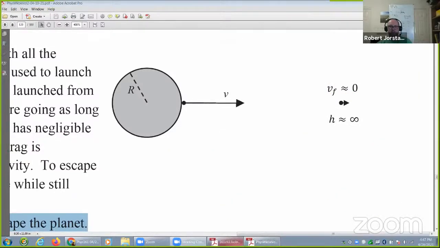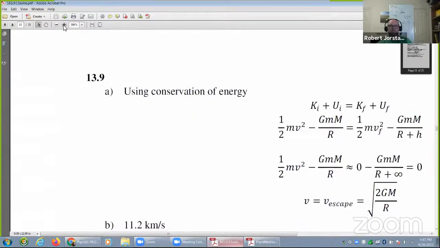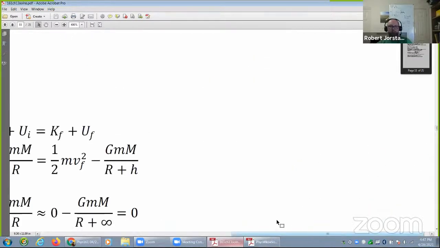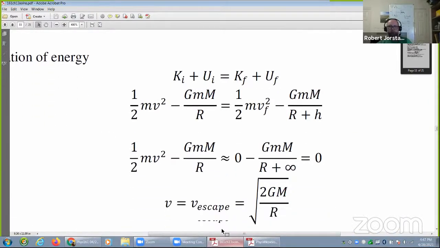Now let's take a look at the solutions. What we were saying is this goes to 0. Otherwise, you don't escape. We're finding the minimum velocity to escape, and I'll go into that more in a second.